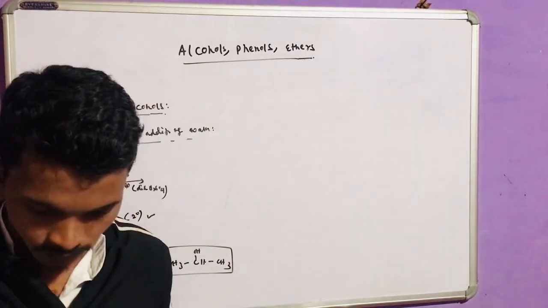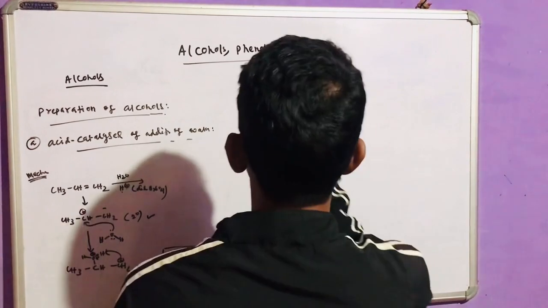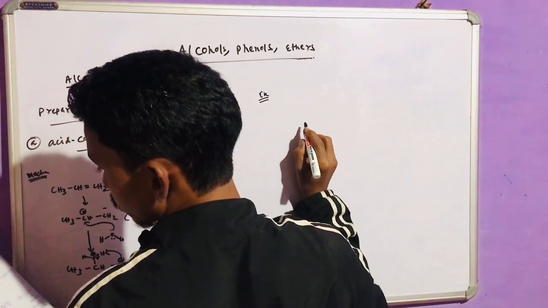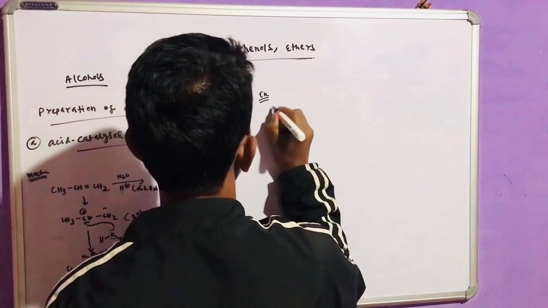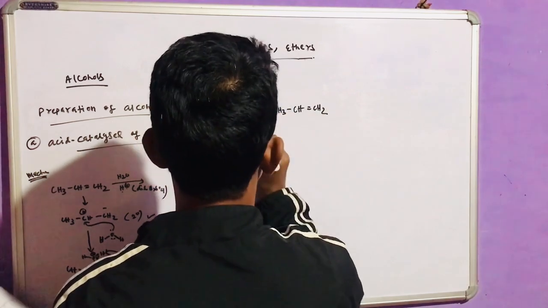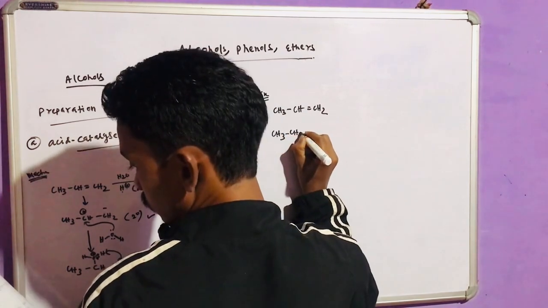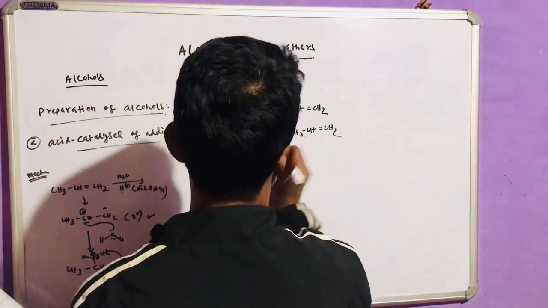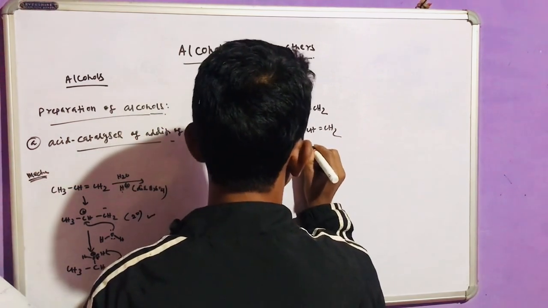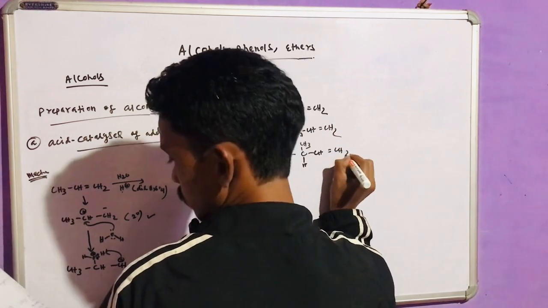Let's solve some examples. Find the major product on hydration of the following alkenes. Given are CH3 CH double bond CH2 for A, CH3 CH2 CH double bond CH2 for B, and CH3 CH3 H CH double bond CH2.